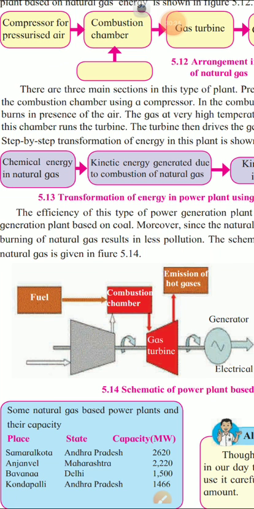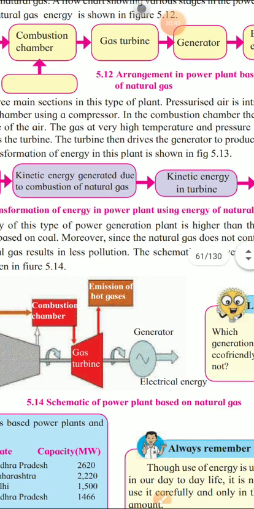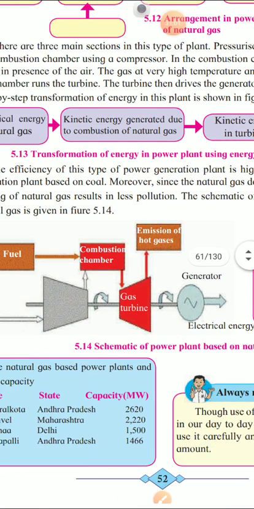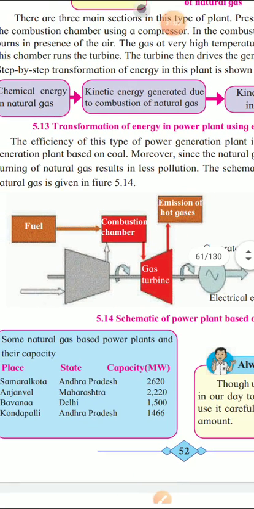Due to that combustion, the gas turbine moves, and further the emission of gases takes place, and due to the movement of the turbine, the generator also starts moving, and further the electrical energy is generated. So this way we can see here, children, how the schematic of a power plant based on natural gases works. So this diagram you have to draw in homework. It is an important diagram.